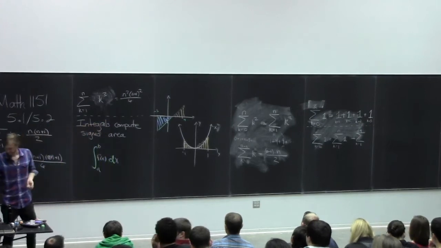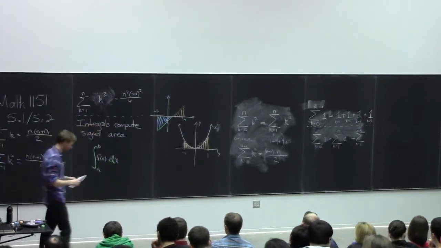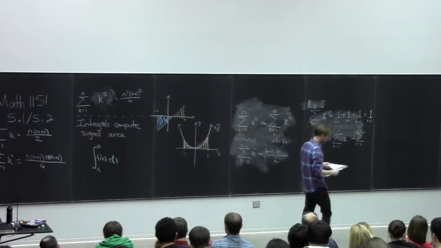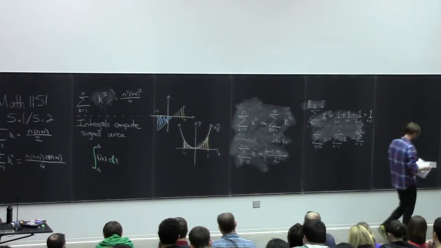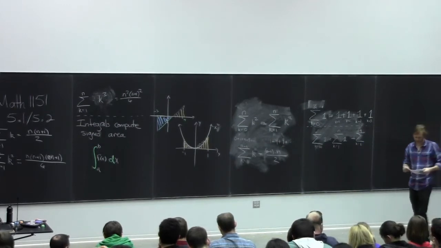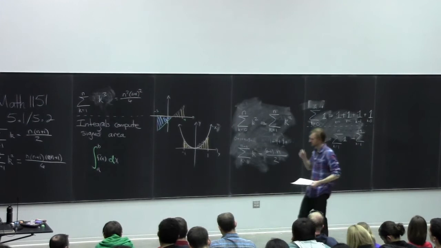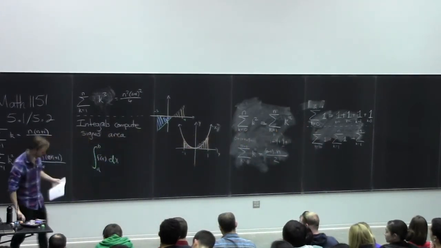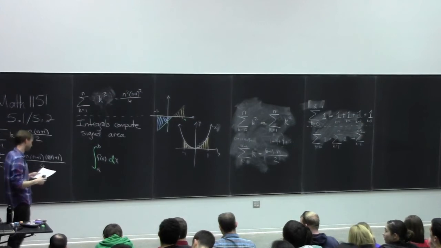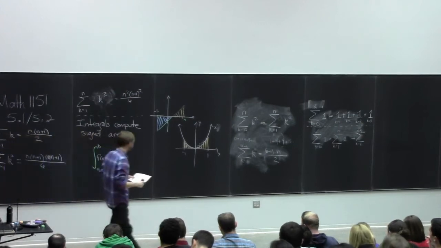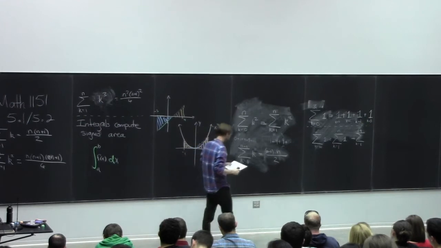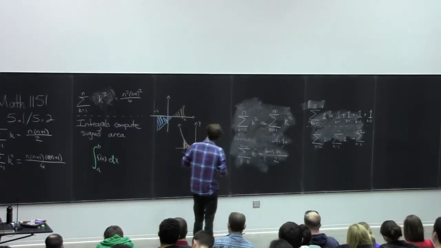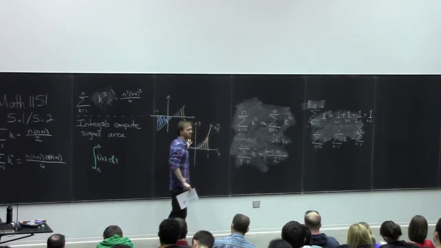All right. So let's see if we can estimate a sum using this horrible method. Okay, let's try to go ahead and do this. In fact, this is going to be our example.